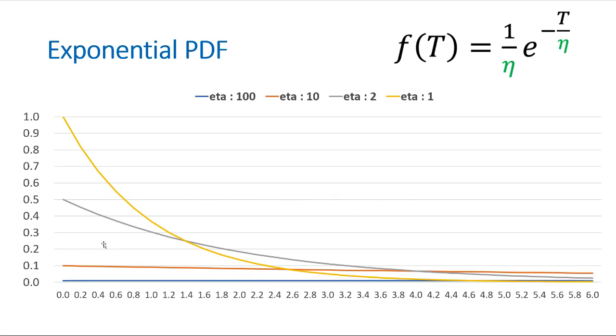Then it shows a different PDF for different eta. So smaller eta has a much steeper curve like this compared to other eta values.